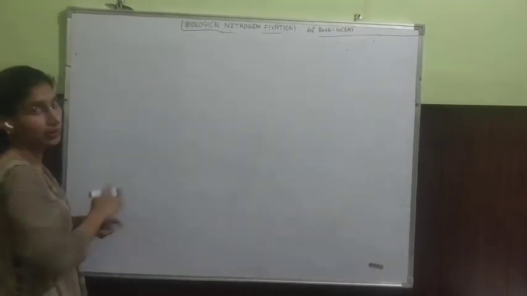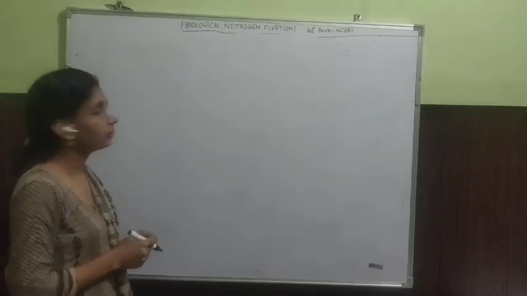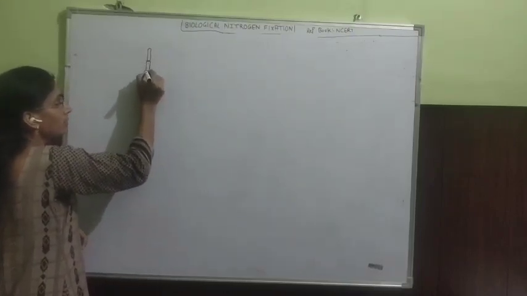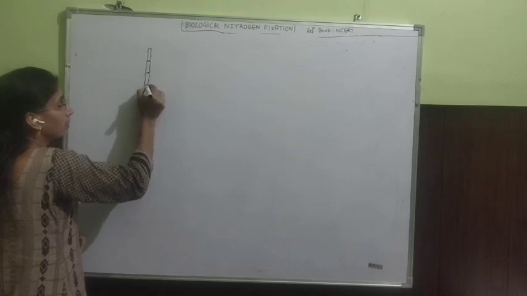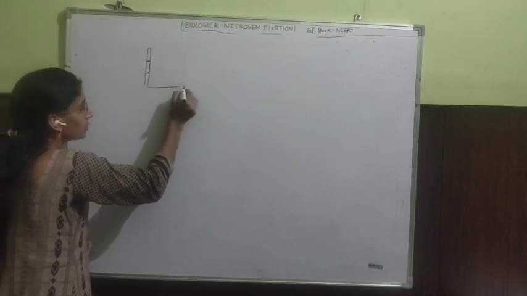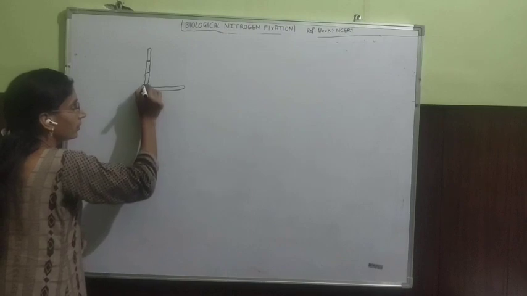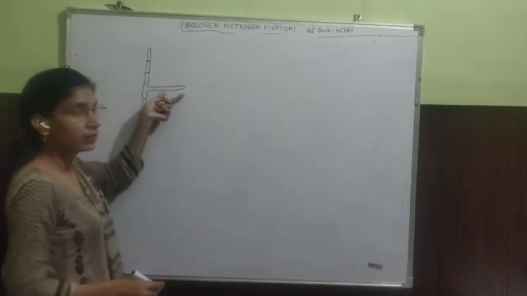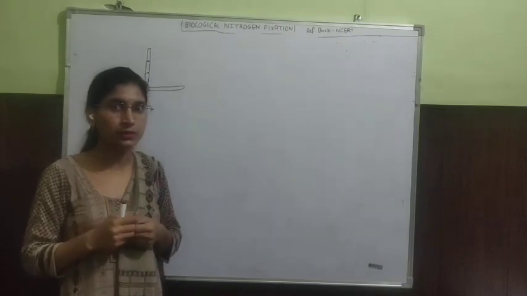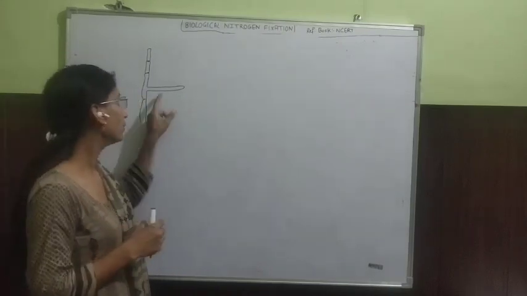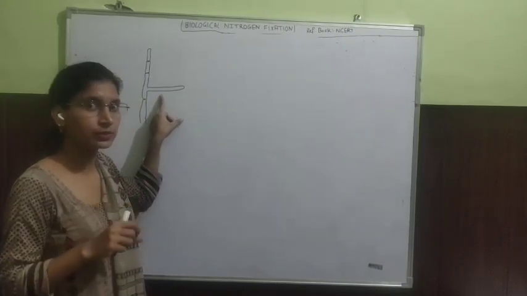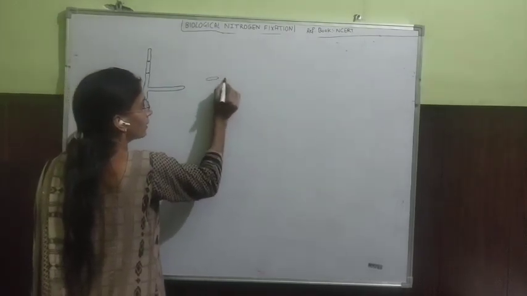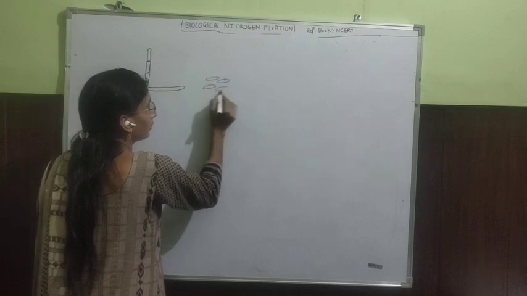What happens actually in the biological nitrogen fixation? Actually, this is the plant root cell, and this is the root here. What happens here is, because when we need something we communicate with each other, when the plant is under nitrogen deficit condition, it will talk to the soil bacteria which is called rhizobium bacteria.